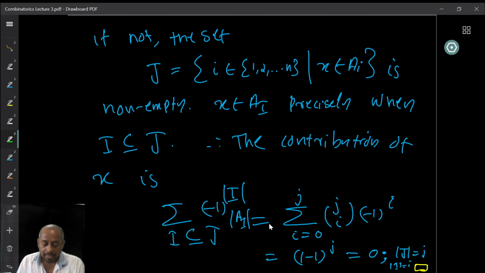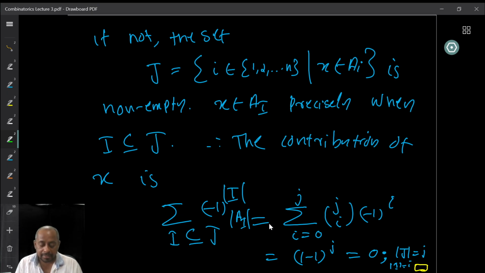We don't know the cardinality of A_I here, so we are going to count this in a different way. For each element X, how many times is it going to appear? X is appearing as part of every A_I with I a subset of J.